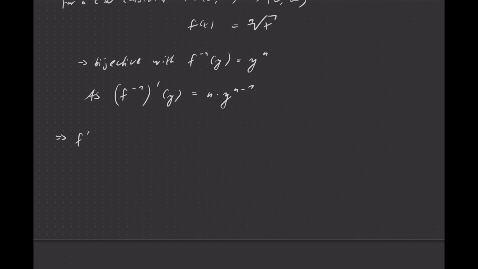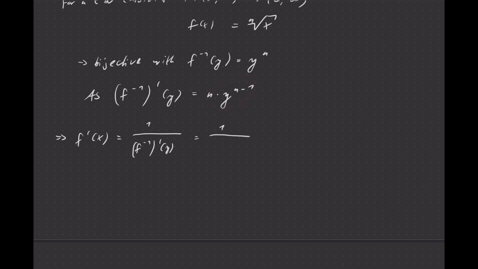And that means we can express the derivative of f itself through its inverse. So that is then the derivative of the inverse at the corresponding point y. And we know that derivative. We just have that up here.